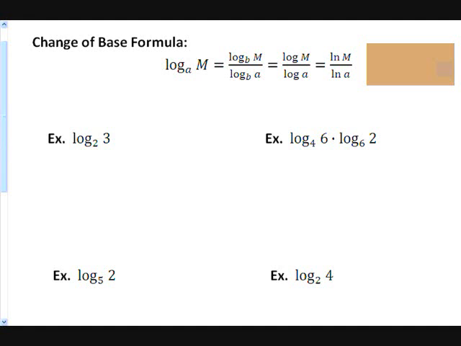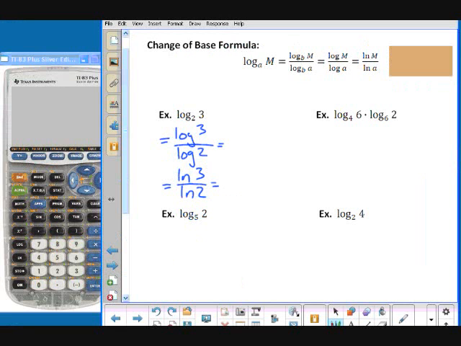So I can either do the common log of 3 over the common log of 2, or I could do the natural log of 3 over the natural log of 2. And either one of these is going to give me the same answer if I jump back over to my calculator.